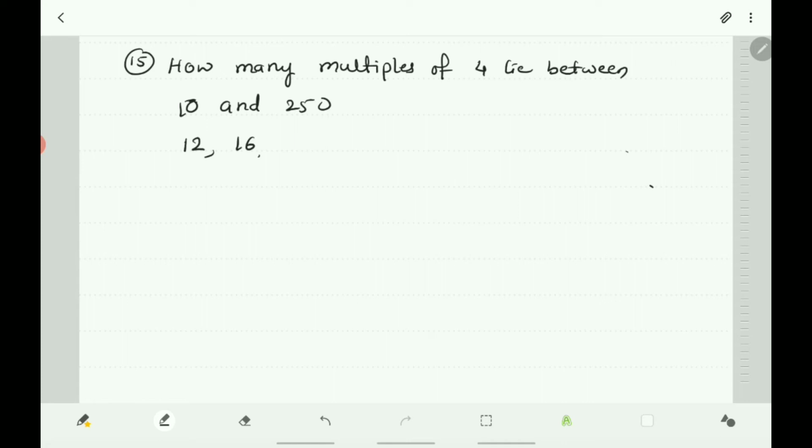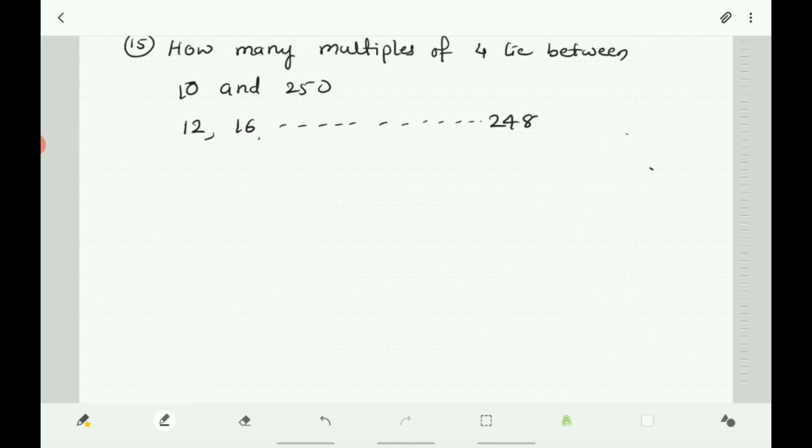Next number is 16 and the last number, that is before 250, 248 is divisible by 4. So the numbers divisible by 4 between 10 and 250 are from 12 to 248.